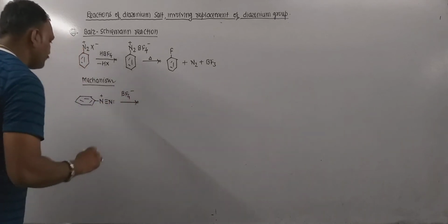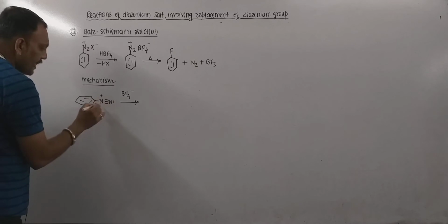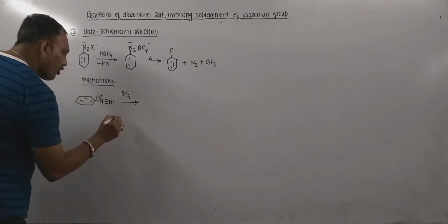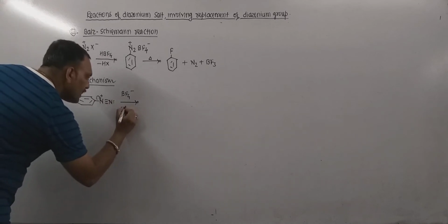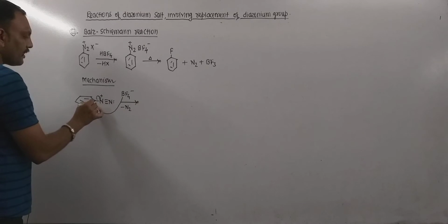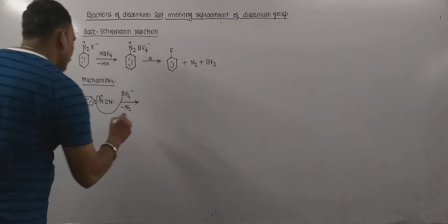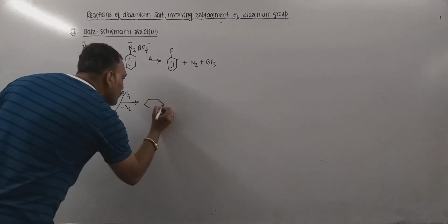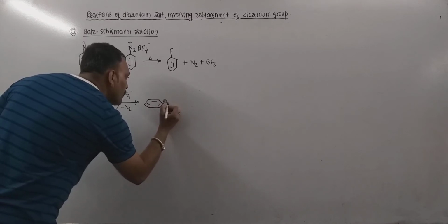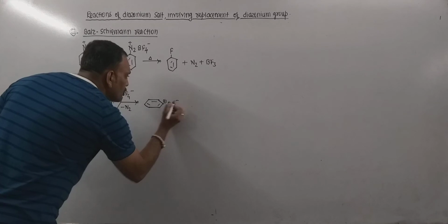The BF4 anion readily attacks this carbon. Why? Because nitrogen attracts the electron pair like this, and thereby departure of N2 takes place, and this anion attacks the incoming cation, leading to the formation of a species that can be given as follows.